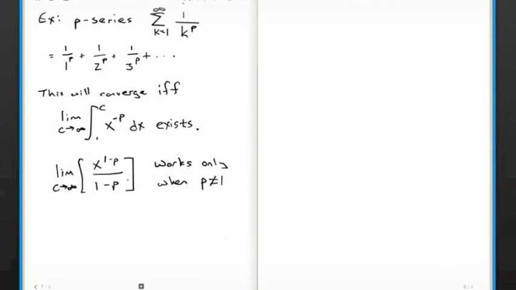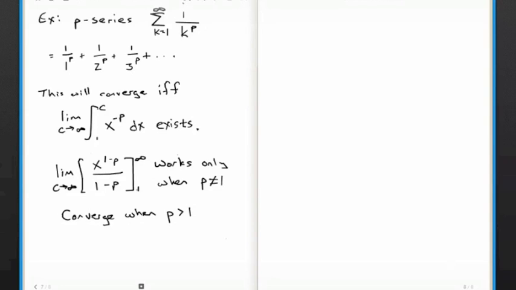So, let's say p is greater than 1, it will converge. Why is that? Because when p is greater than 1, the exponent becomes negative. And since I'm going from 1 to infinity, the exponent is negative, which means it's really on the bottom of a fraction, which means that when I stick in infinity, that'll go to 0.